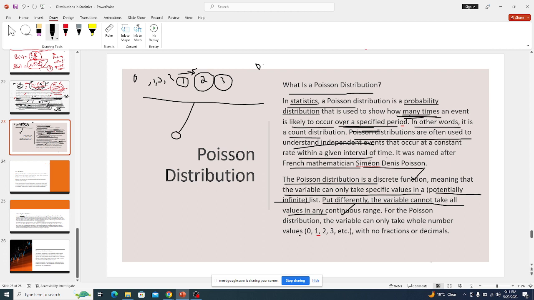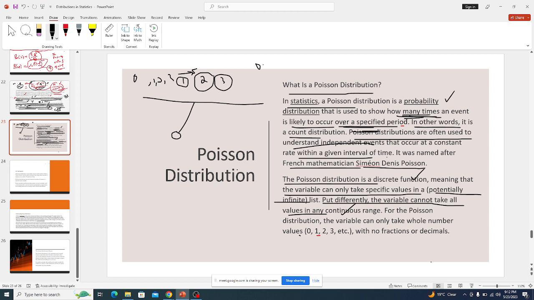Of course, at some point when we want the probabilities, we can get decimals. For example, if we want the probability that 20 events will happen within 5 minutes, that can be computed as a decimal.